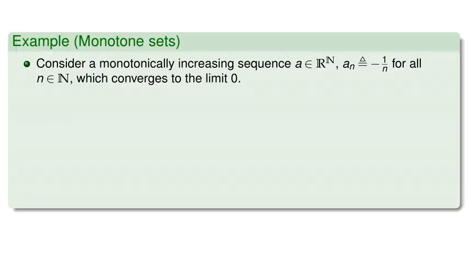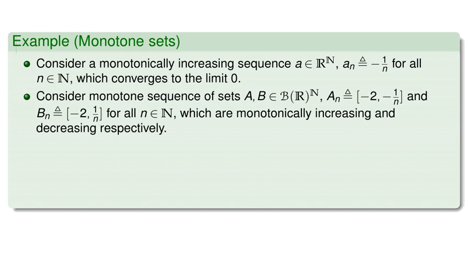Let's see an example of monotone sets. Consider a monotonically increasing sequence of real numbers a_n equals minus 1 over n for all n in the naturals. This sequence converges to the limit 0. Now consider two monotone sequences of sets A and B, which are elements of script B of R raised to n, sequences of Borel sets.